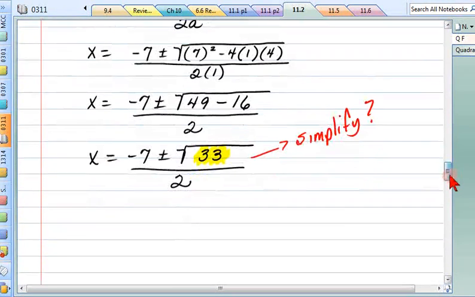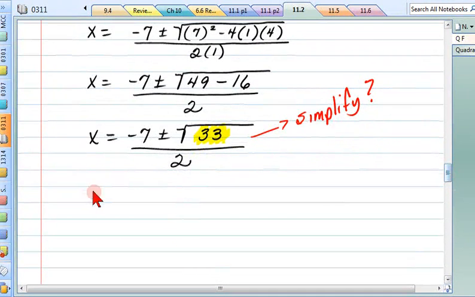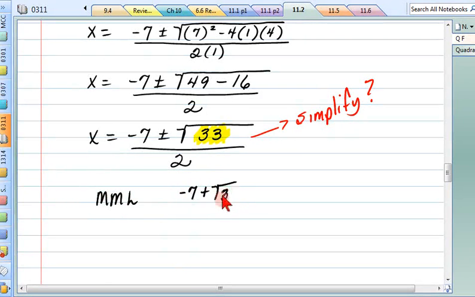For once, we're kind of happy to get a radical. Oh, yeah. For my math lab, you would have to write in negative 7 plus the square root of 33 over 2, comma, negative 7 minus the square root of 33 over 2.